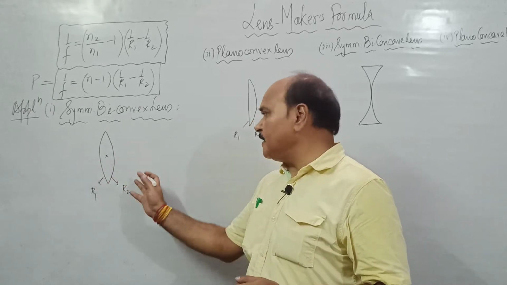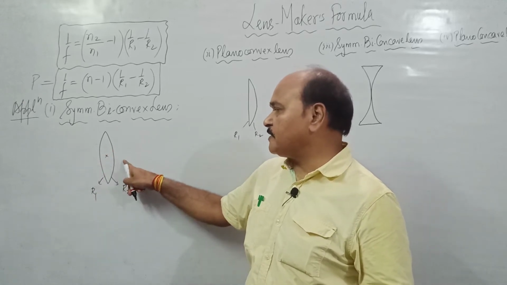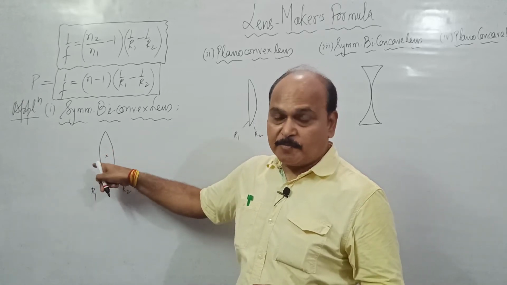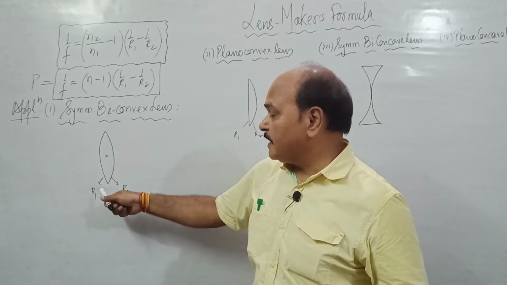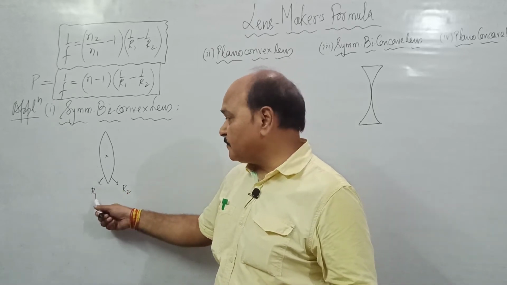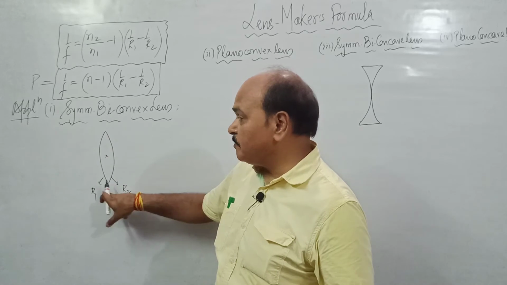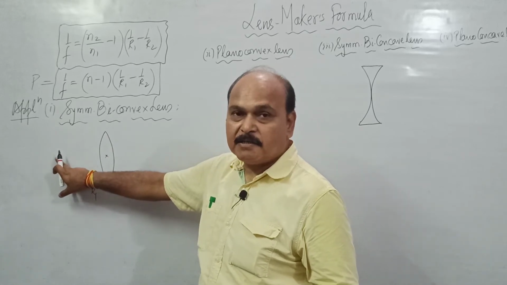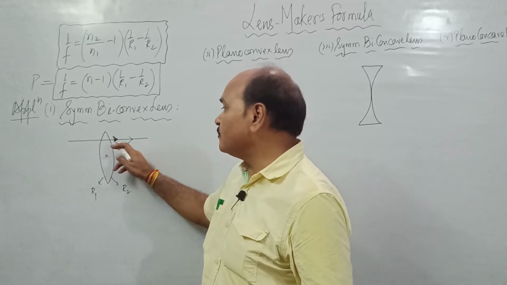We can take any one of the two surfaces as first surface. We can take this surface as first, this as second. It depends upon us. But whichever surface we take as first surface, there we place the object. If we take this surface as first surface, that means we are placing the object left side. If object is placed left side, that means incident ray is going to be from left to right.